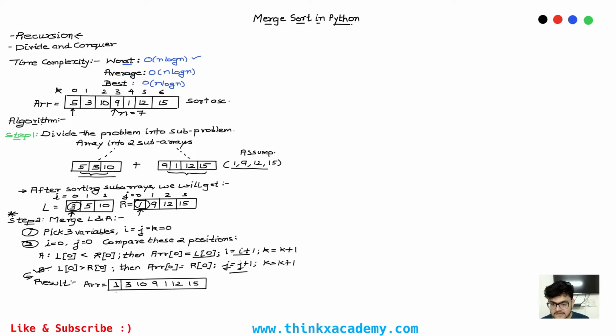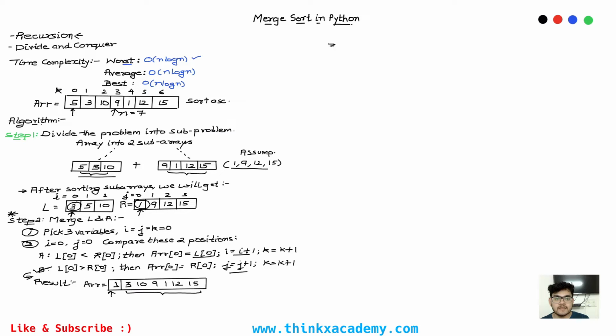So this is the resultant array. You can see that we have overwritten the position 0 with 1, because 1 is lesser than 3. So 1 should come here ideally, and you can see the rest of the array is the same as it was initially. So 3, 10, 9, 1, 12, 15 is the actual order, right? So now let's move on to the next iteration.